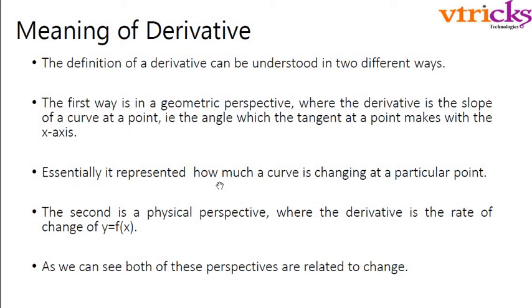Essentially, the tangent represents how much a curve is changing at a particular point. The second perspective is the physical perspective, where we talk about derivative as the rate of change of y. So we'll see both of these perspectives, and we see that both of them are related to change.